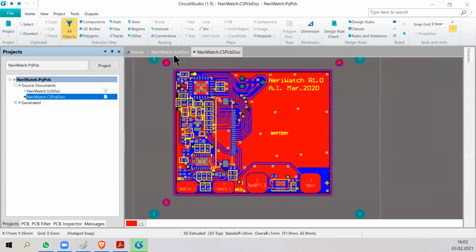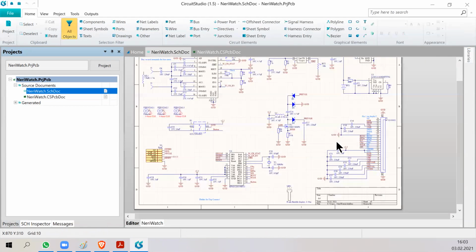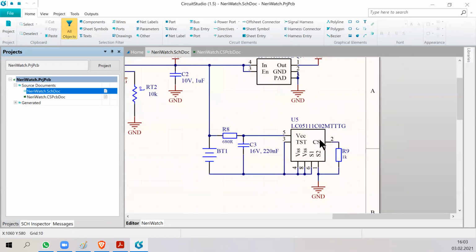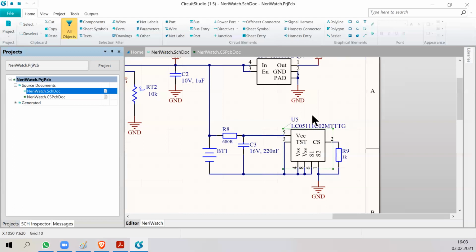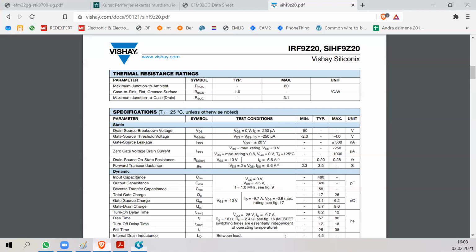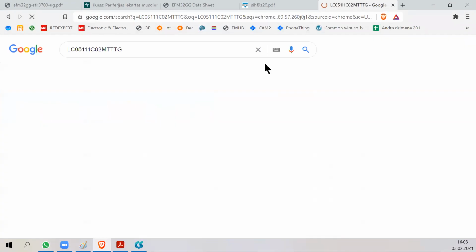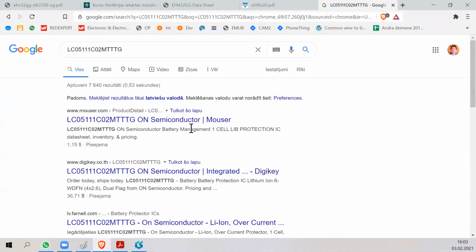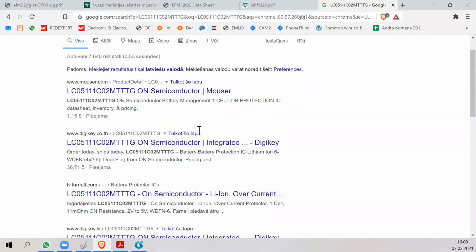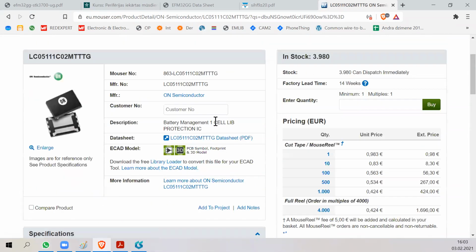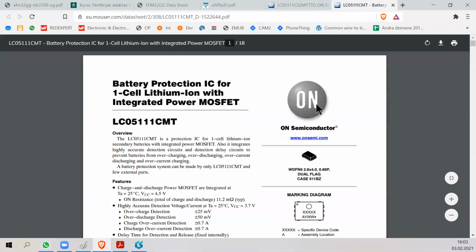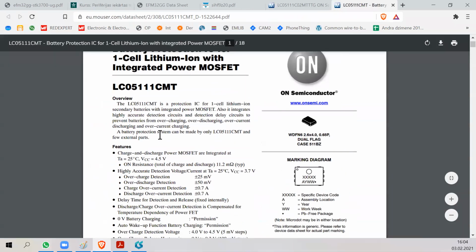In the circuit, I can quickly check the part number of the battery protection circuit, which is this. You can buy them, but if you can, I recommend selecting a pre-certified battery which has protection inside. This was a totally unordinary case.